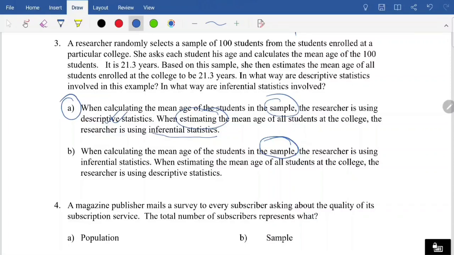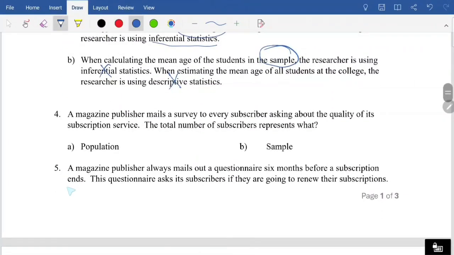Any estimation, inferences, conclusions drawn from the sample study or the descriptive study is inferential statistics. So that's the problem with B. B says that the calculation of the mean age of the students in the sample is inferential. This is incorrect. And then when estimating the mean age is descriptive, no, that's incorrect. So A is the correct choice.